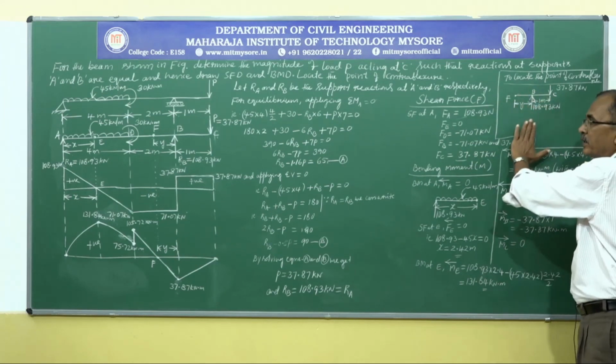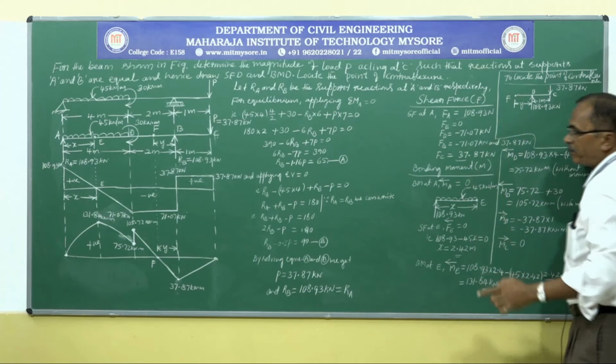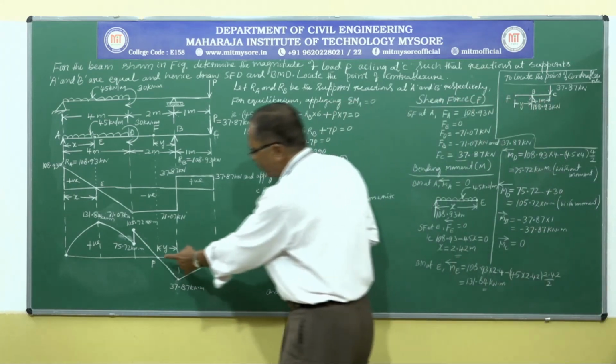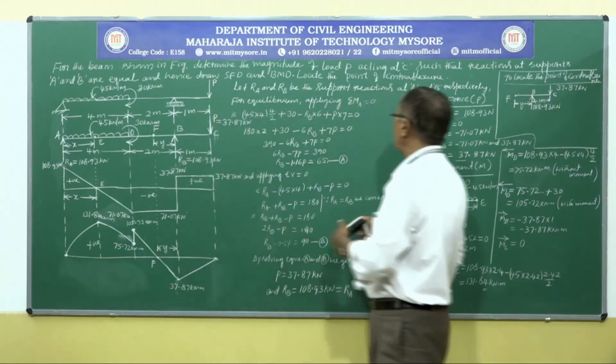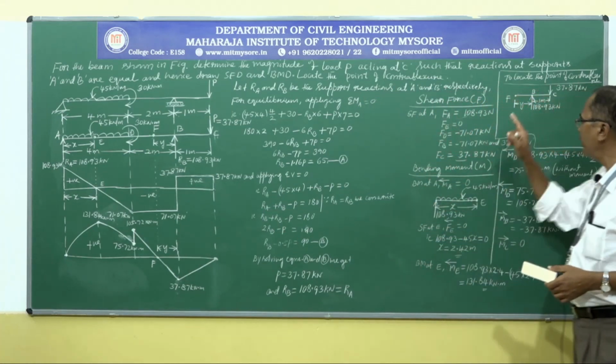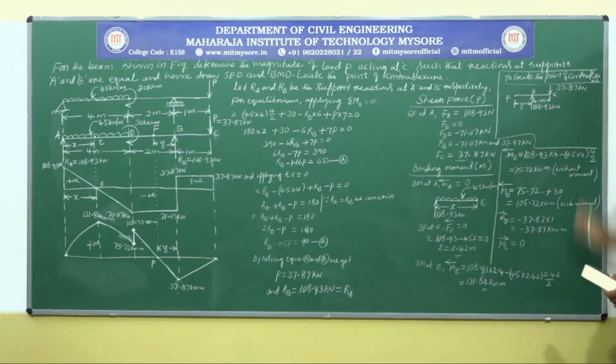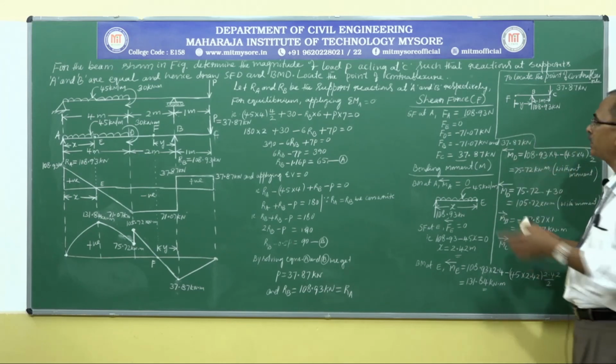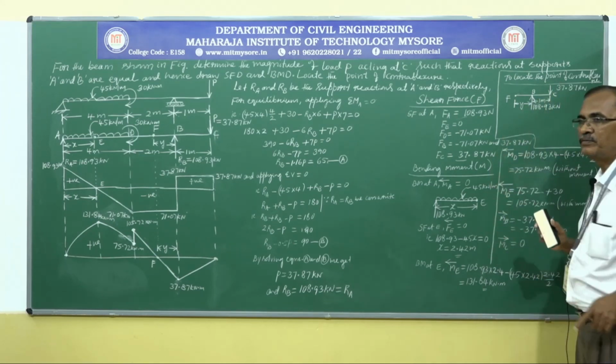We know the bending moment at point F. Bending moment at point F is 0. Write the expression for the bending moment at point F by considering forces to the right hand side and equate it to 0. So you will get the Y value.